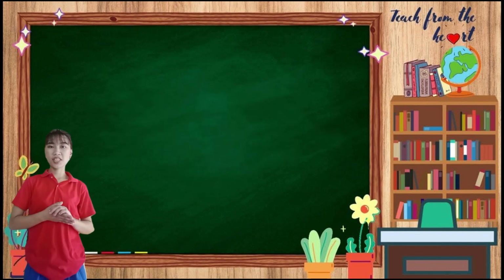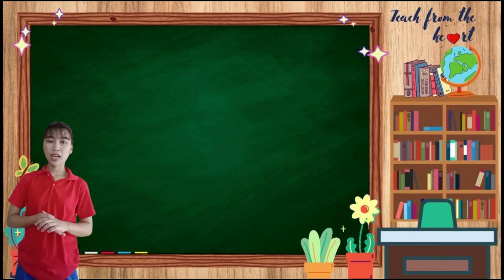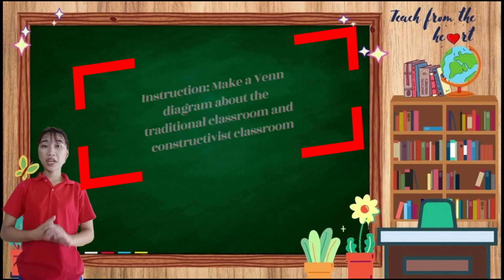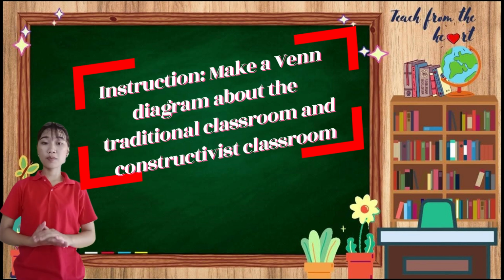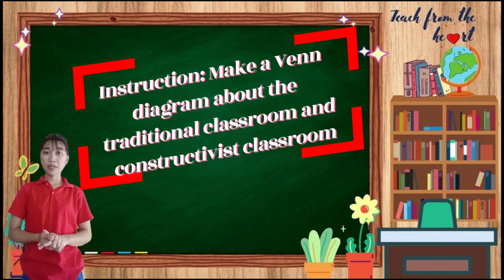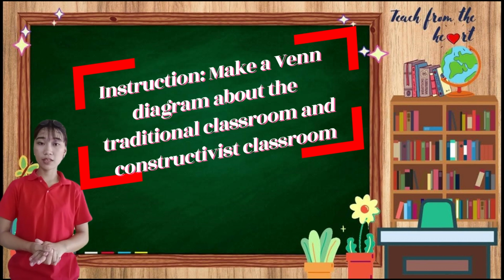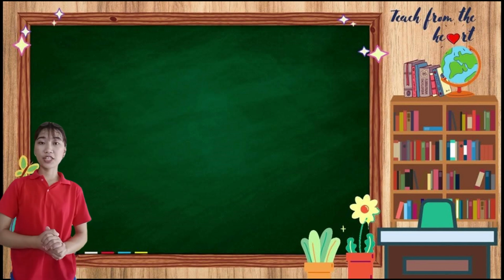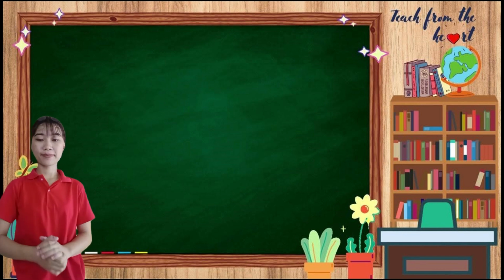Okay, class, since we are done with our discussion, I want you to do this activity. On a half sheet of paper, I want you to make a Venn diagram comparing and contrasting the traditional classroom and the constructivist classroom. I will only give you 10 minutes, class, to answer this activity. Okay, time is up. Class, kindly pass your papers to the front.